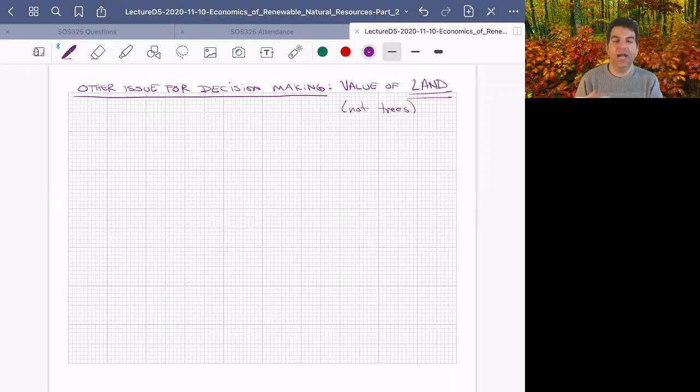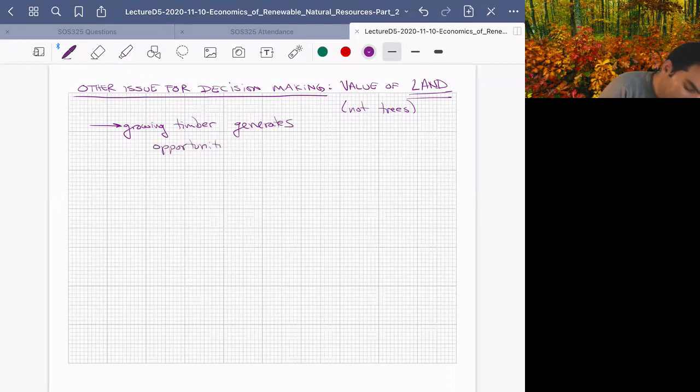So there is an opportunity cost. Growing timber generates an opportunity cost of what you would otherwise do with the land.